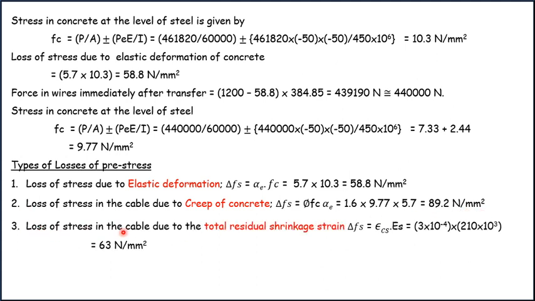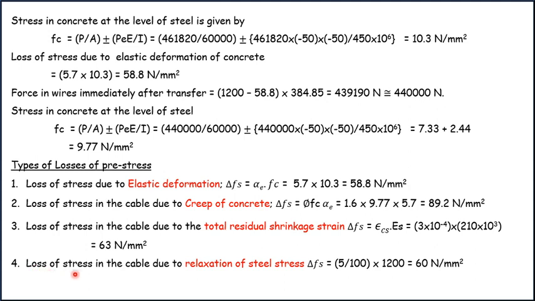Third one, loss of stress in the cable due to the total residual shrinkage strain, delta Fs equals epsilon Cs into Es. Epsilon Cs is the residual shrinkage strain already given in the question, acting per mm. So 3 into 10 raised to minus 4 multiplied by the modulus of elasticity of steel, 210 into 10 raised to 3, gives the loss of stress in the cable as 63 Newton per mm square.